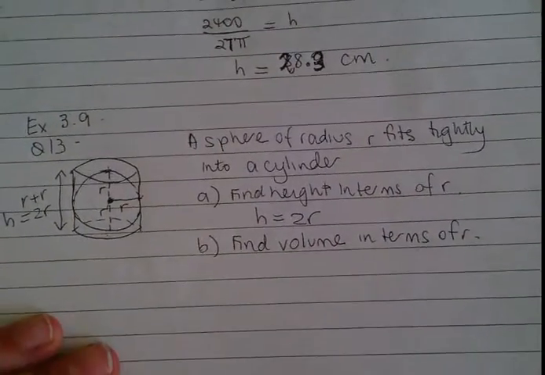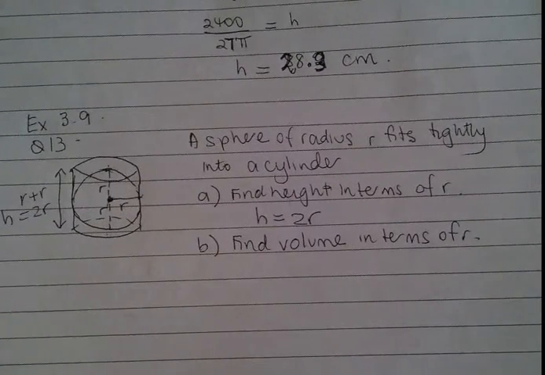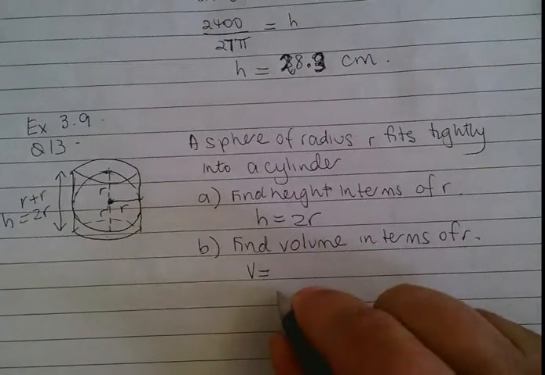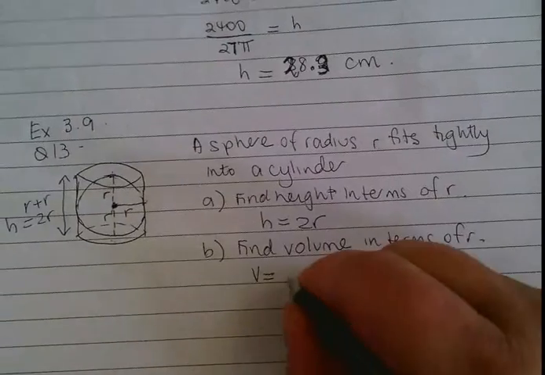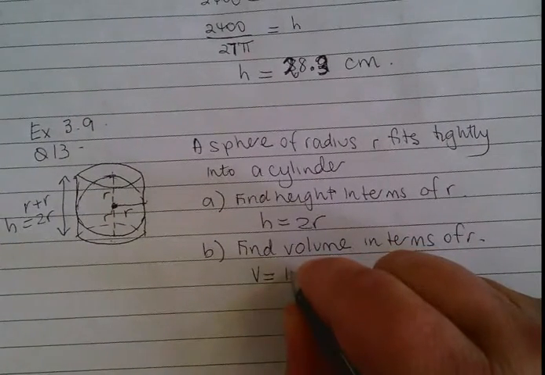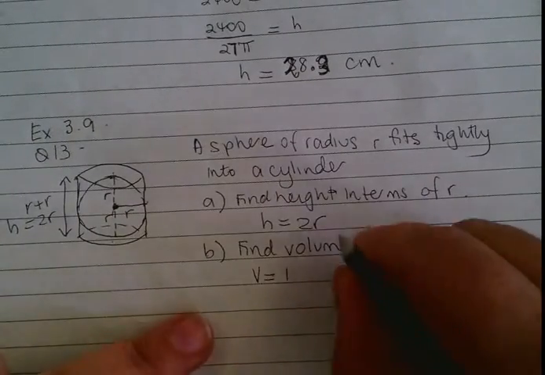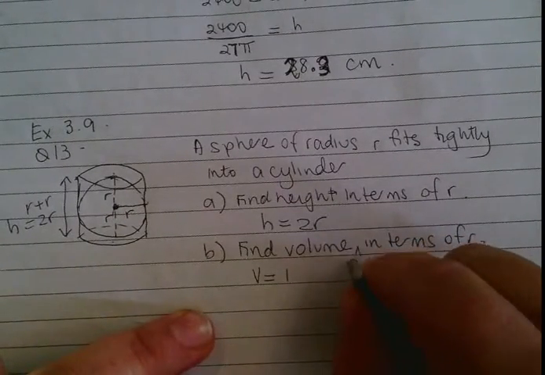This is a cylinder, so don't get all panicky. You just start with the volume of a cylinder formula. Volume is the area of the base... 4/3, that's a sphere. Sorry, girls, the volume of the cylinder.